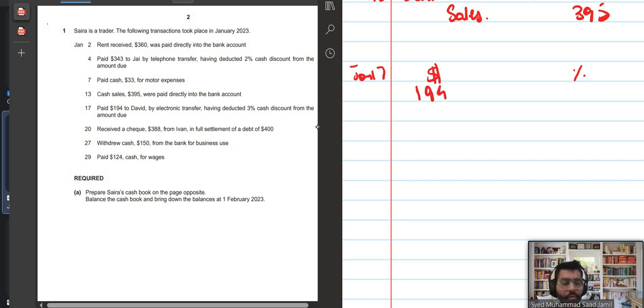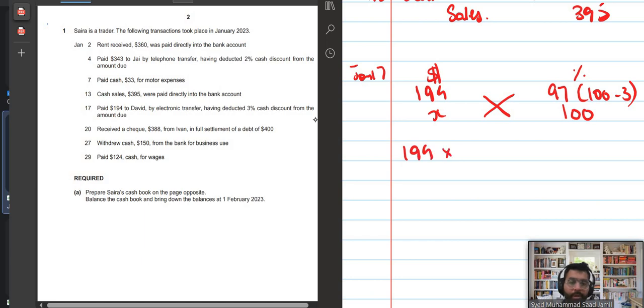There was a discount of 3%, right? So this $194 represents 97%. Why? 100 minus 3. And original percentage, like I said, is always 100. So you guys will write x over here, cross multiply. 194 multiply by 100, divide by 97.